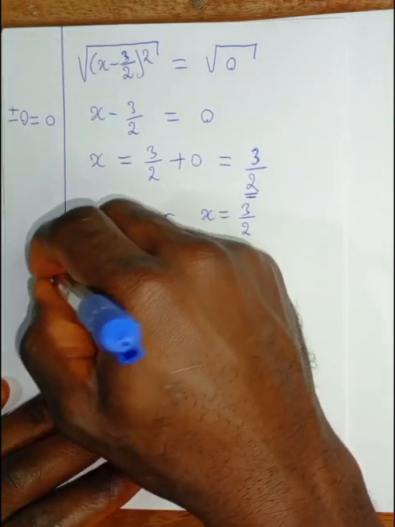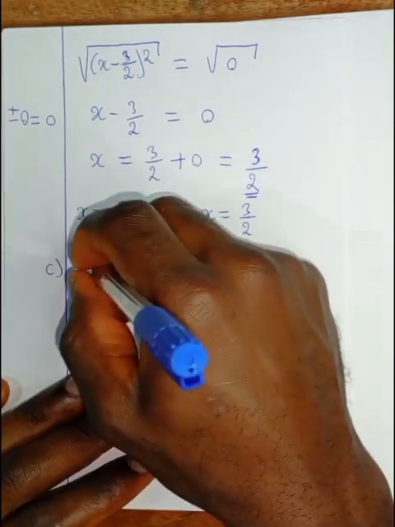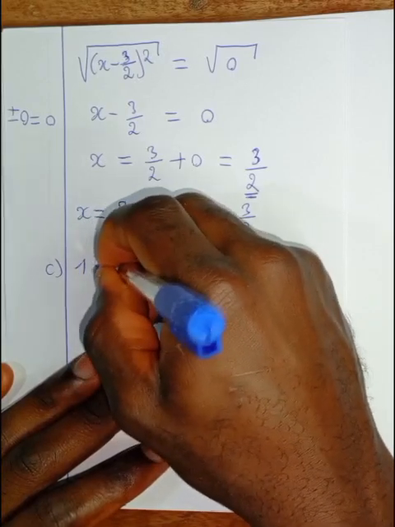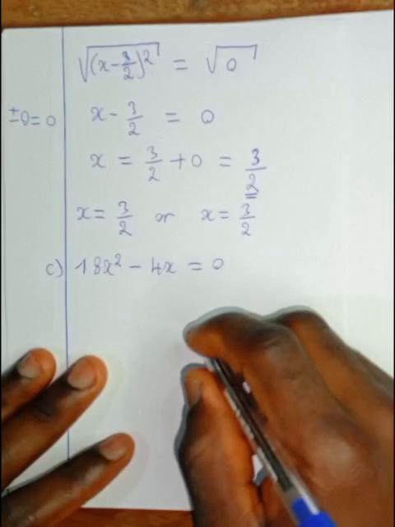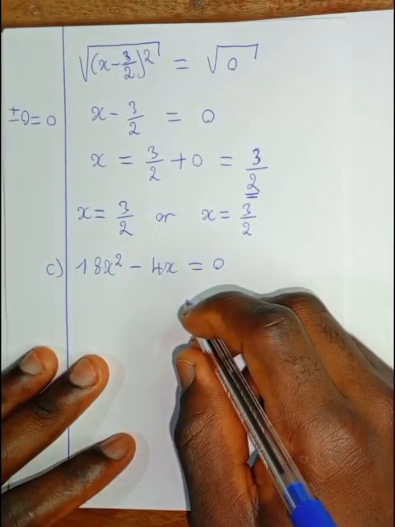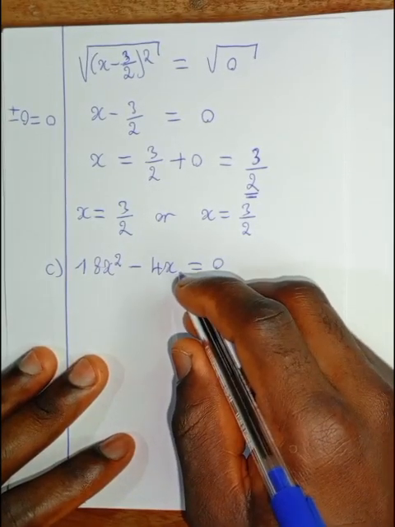We go now to question C. In question C, we have 18x squared minus 4x is equal to 0. In this case, you'll discover that the constant term c is already 0.